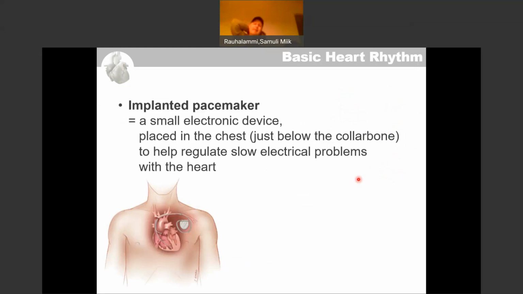Well, some individuals have this issue happening so frequently that we can't really have them walking around with an AED. So instead, what you find these individuals having is a pacemaker, similar machine as the AED, but this is now implanted inside their body.